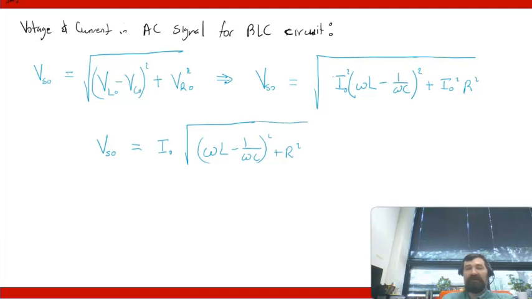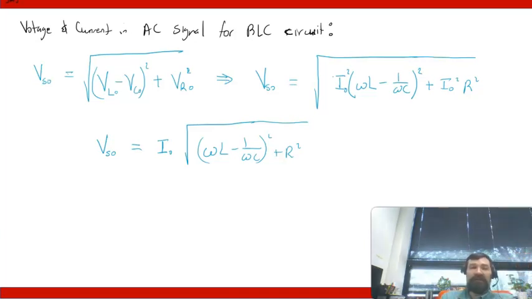So I've pulled out an I naught squared from everything, and since it's square rooted, it's like pulling out an I naught. Now this current is the current for this system as a whole. It's also therefore the current that the source has to be putting out.